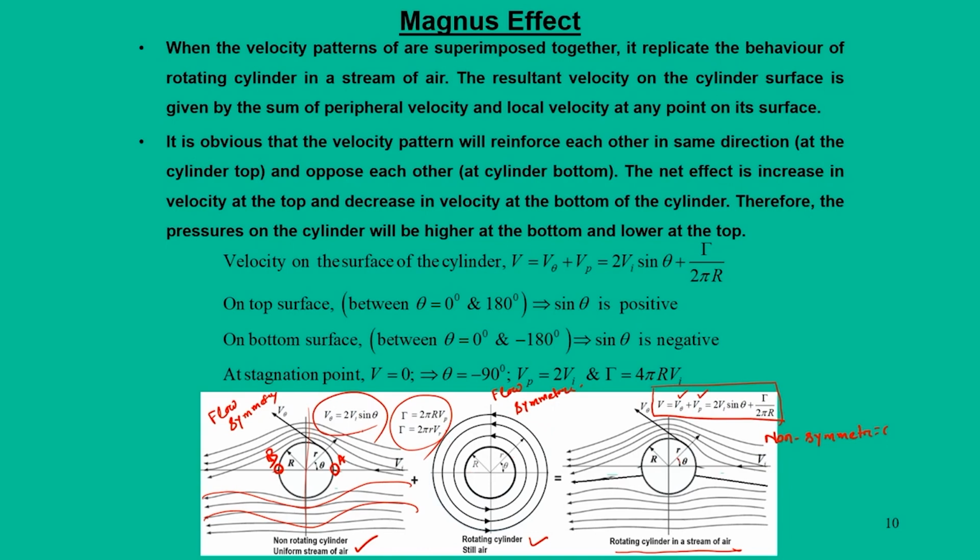Now, when these two effects are merged, there will be two situations: the upper part of the cylinder and the lower part. The upper surface of the cylinder will experience a higher velocity because the velocities get added, whereas the lower part of the cylinder will be at lower velocity because the velocities oppose in direction.